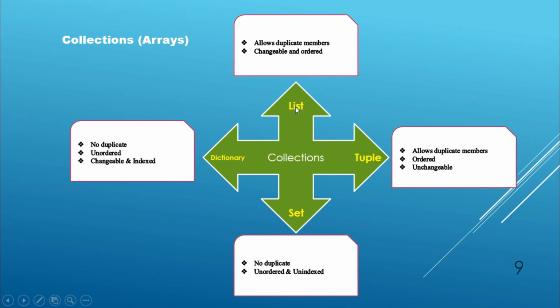It is changeable, which is another specification. You can change one member with another. It is ordered. It means that whenever you declare a list with a few members for the first time, as long as you print it, the order of its members is the same, no changes.